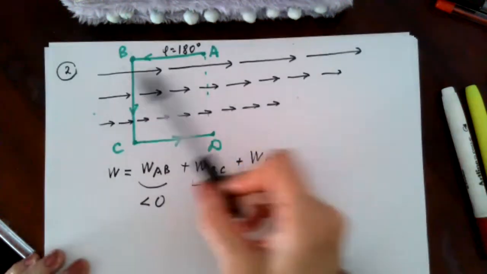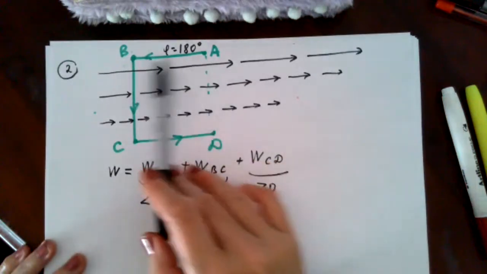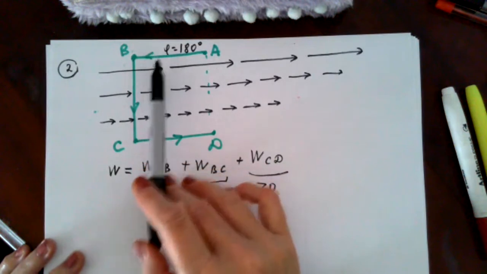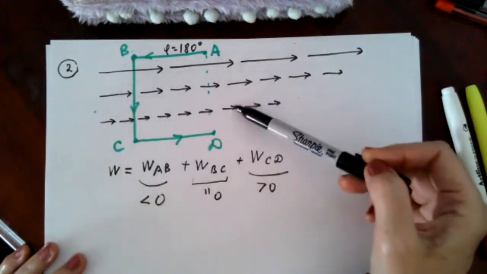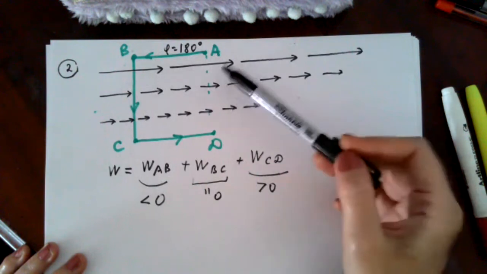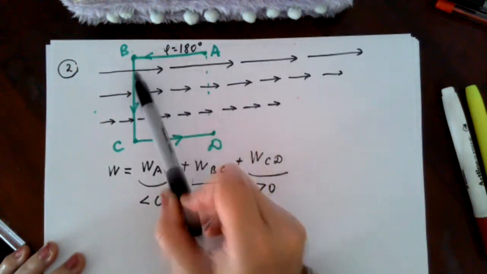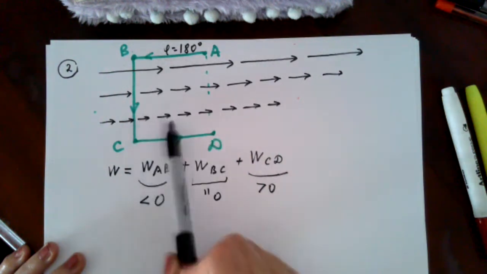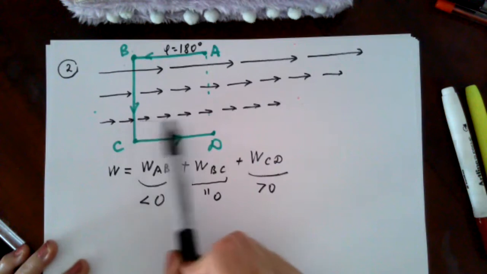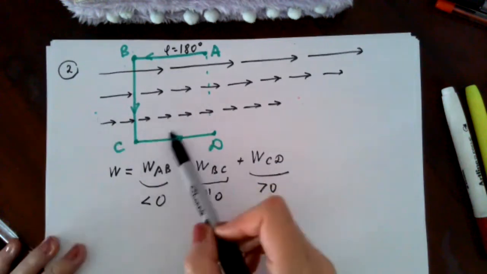Let's have a closer look at the sections now, like through the magnifying glass. What can you see here? I think that in this case, the fact that these vectors are not of the same length really matters. If you compare this section and this one, you will realize that field vectors are much smaller here. That is why their contribution to the work will be much smaller.